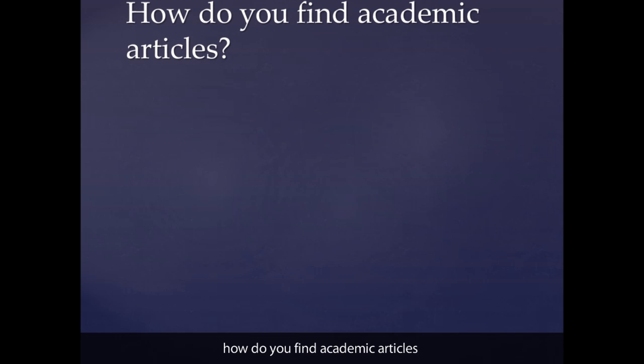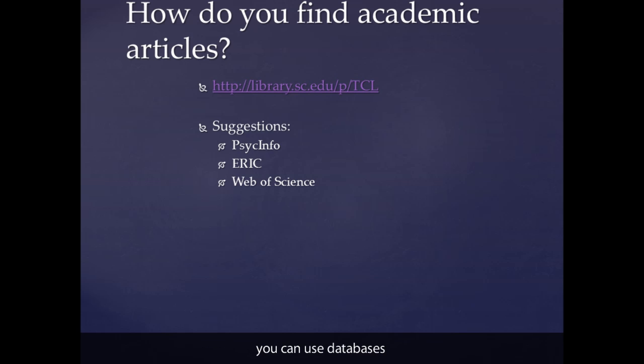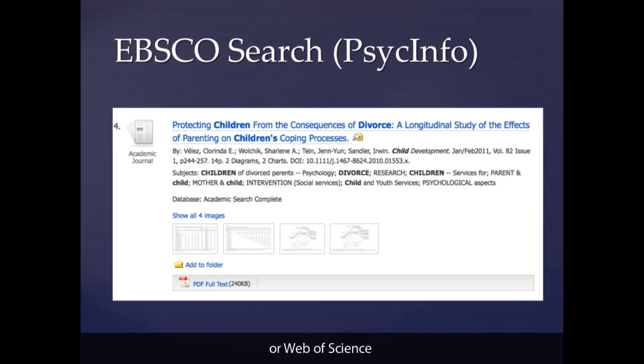So, how do you find academic articles? First, you can check our library website here at the university. You can use databases such as PsycInfo, ERIC, or Web of Science. Let's look at a PsycInfo search to see what you might see.